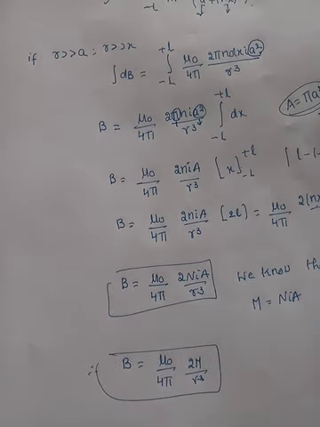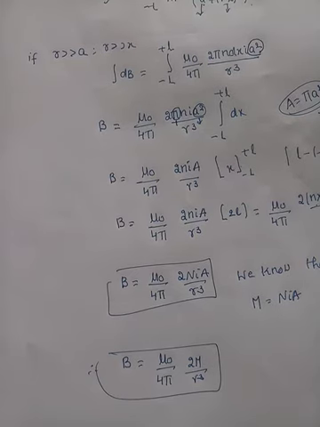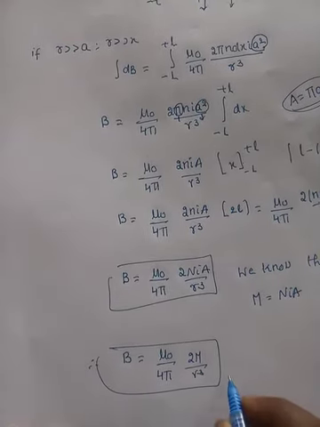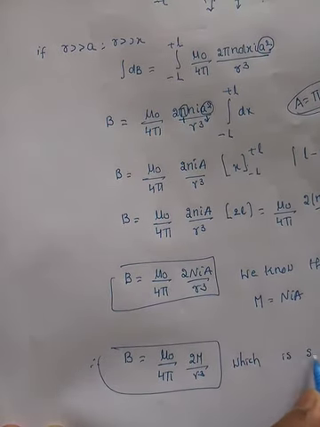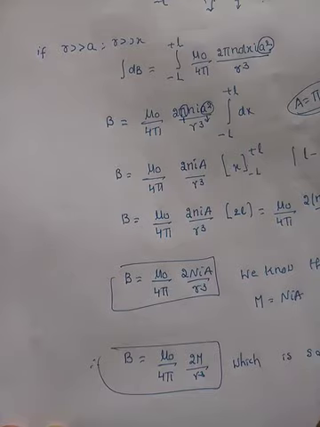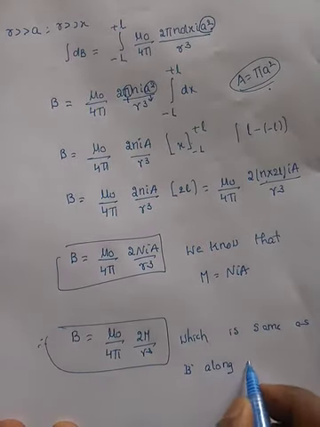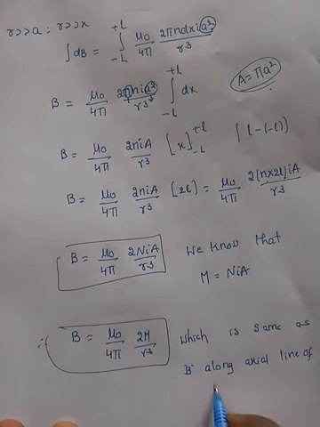Here M is the magnetic moment. We already know that this expression for the magnetic field is similar to the magnetic field on the axial line of a short bar magnet, which is the same as the magnetic field along the axial line of a bar magnet.